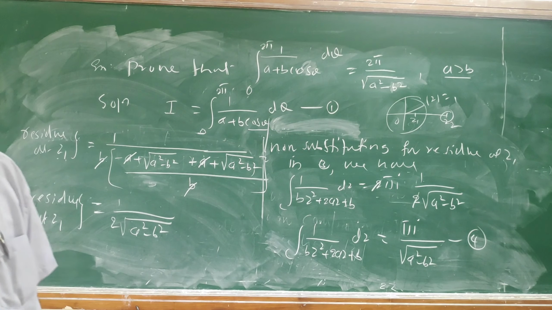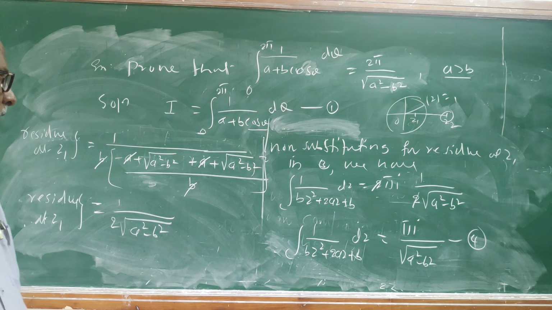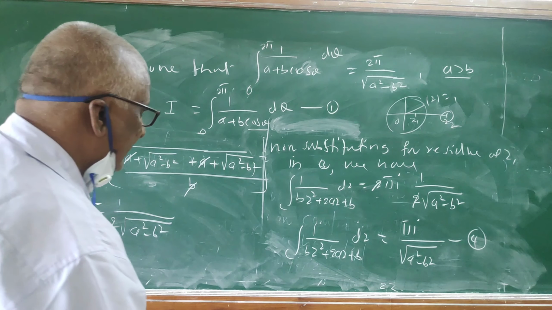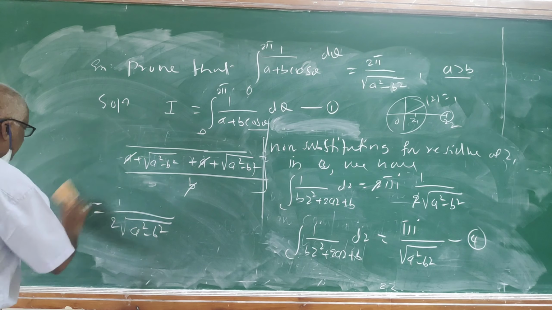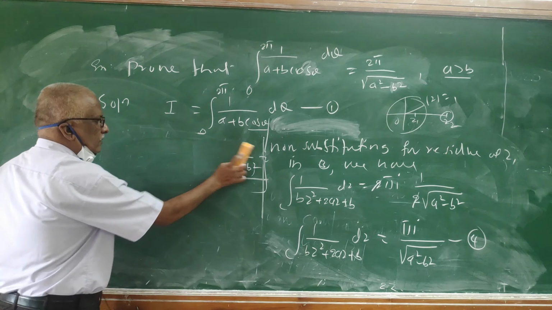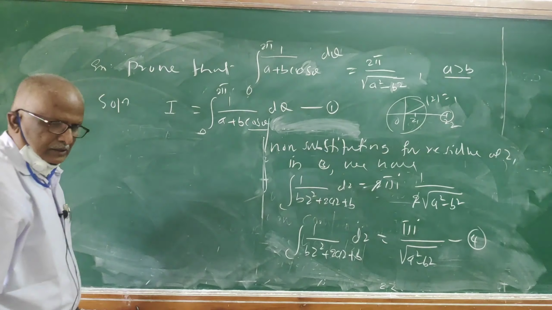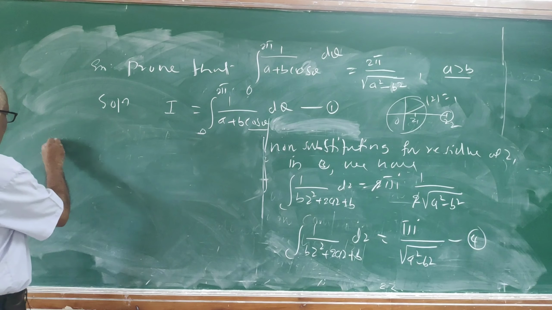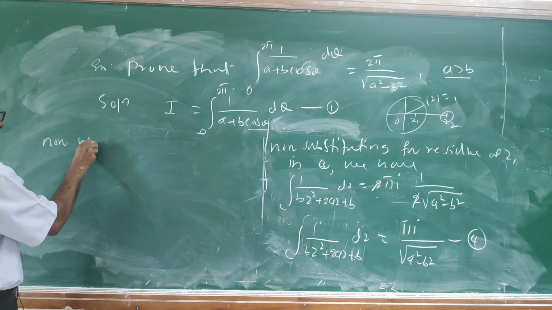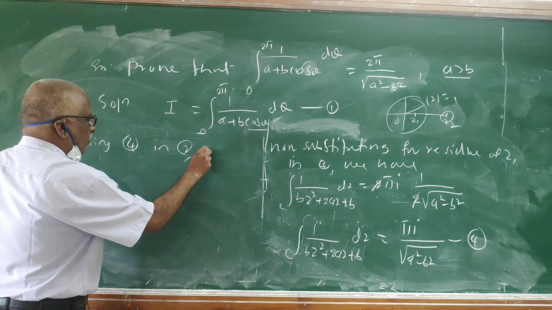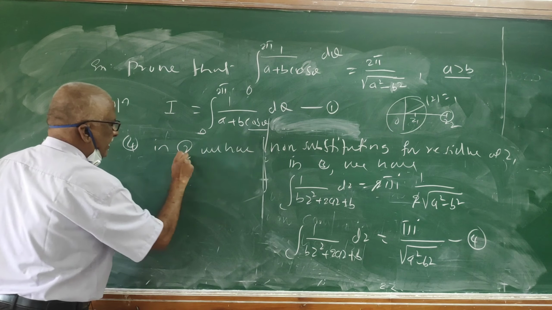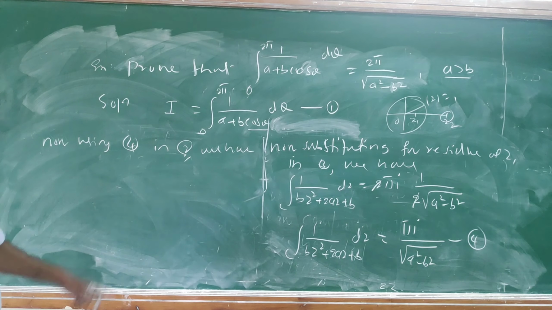Now using 4 in 2. Little lengthy but not much difficult. So simple. Most important, of course. Now using 4 in 2, we have 2 is with you already. I have already rubbed it, but it is with you.